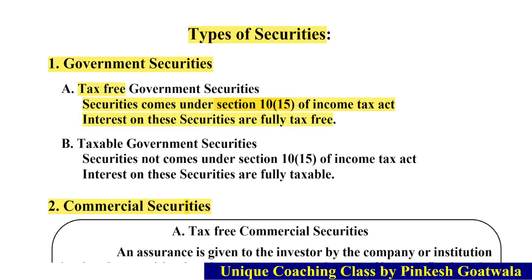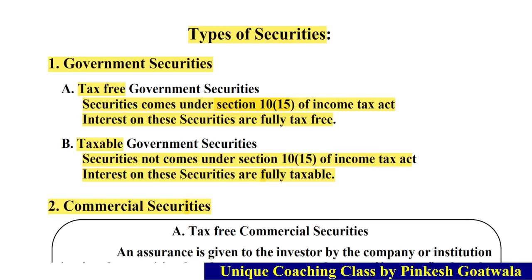Okay, and what is the taxable government security? Very easy, the security which does not come under section 10 subsection 15 of the Income Tax Act is taxable, and the assessee has to pay tax on the income from this taxable government security. એટલે જે પણ સિક્યોરિટી સેક્શન 10 15 માં આવે છે, ઓકે, એ દરેકે દરેક ટેક્સ ફ્રી છે અને એમાં નથી તે બધી ટેક્સેબલ છે.